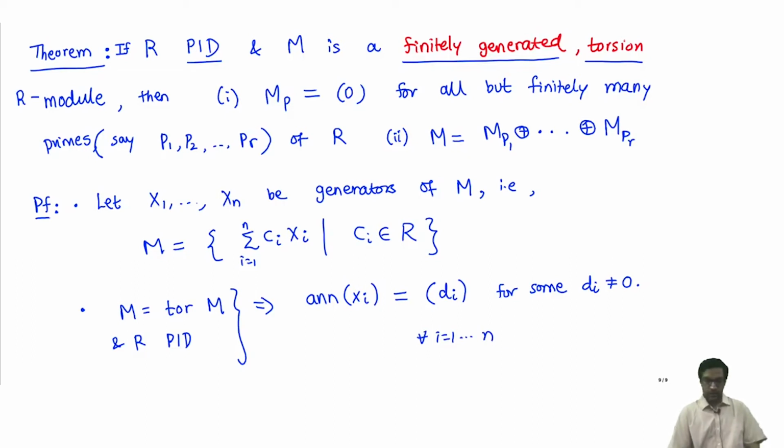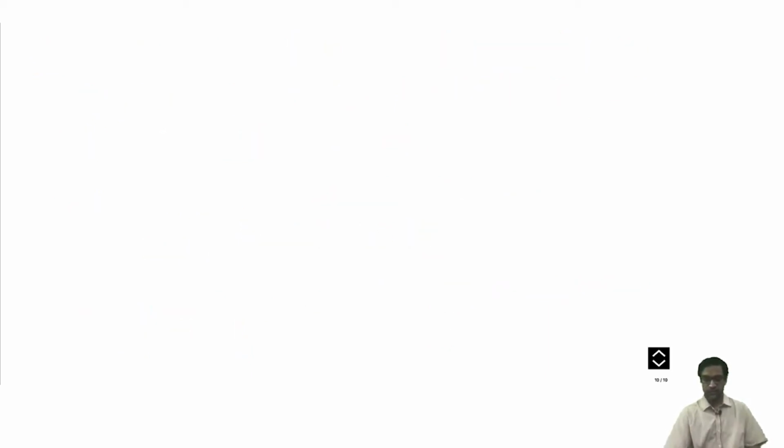Okay, now where are we going to manufacture these primes from? What are those finitely many primes? They are going to come from the di's. So look at the di's. I have a principal ideal domain which, if you recall, is also a unique factorization domain. I can factorize every element of R uniquely into a product of powers of primes. So I look at this prime factorization of all the di's.